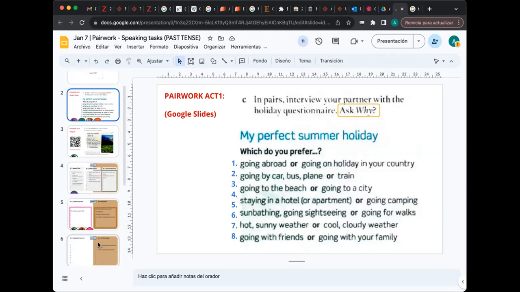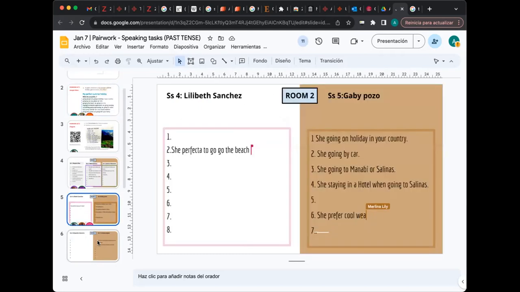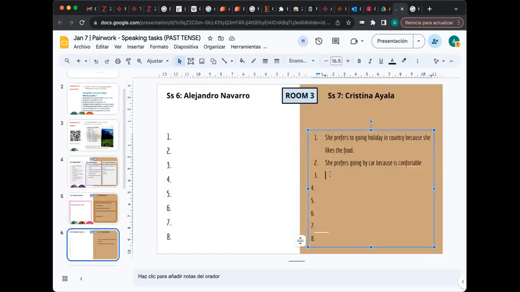Creo que se pronuncia... You prefer going to the city? Why? A ver.